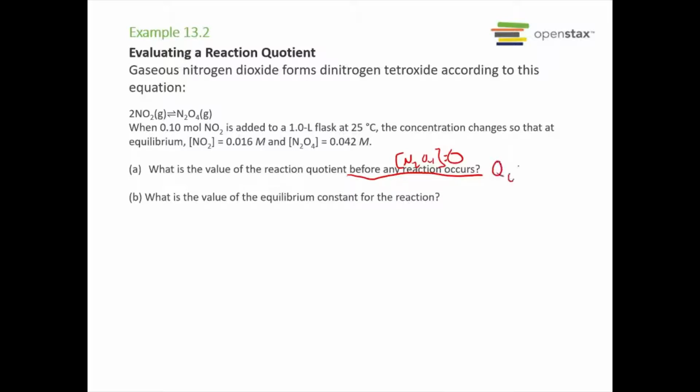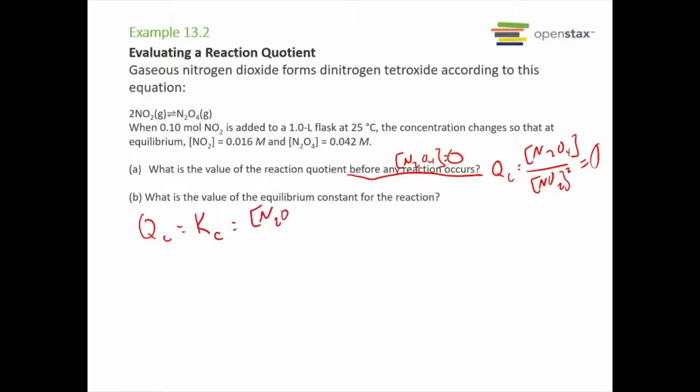So then Qc, which would be N2O4 divided by NO2 squared, is going to equal 0 because N2O4 equals 0. And then for B, what is the value of the equilibrium constant for the reaction? At equilibrium, Qc is equal to Kc.